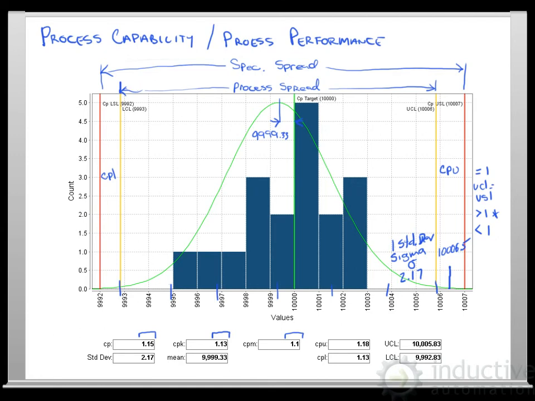And you can give them these numbers, and they know, oh yeah, they're capable of producing that new product that we have coming out. So it can be used to see if your process is capable of producing a product with given spec limits, as well as looking in the past to see how you have been doing.